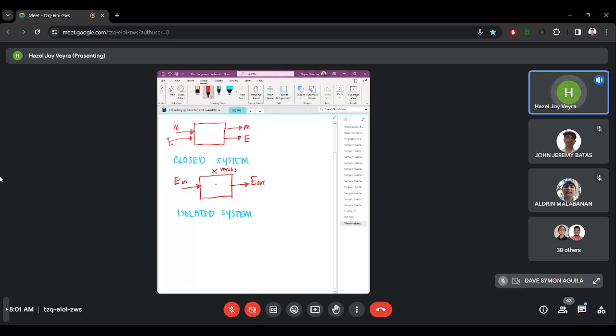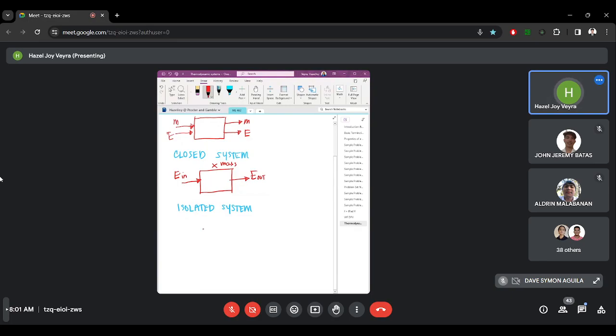And next naman, for an isolated system, so in this case naman class, we have a system that is completely isolated. And in this case, walang nagfo-flow na both mass and energy. So in an isolated system, walang nagfo-flow na mass and energy.